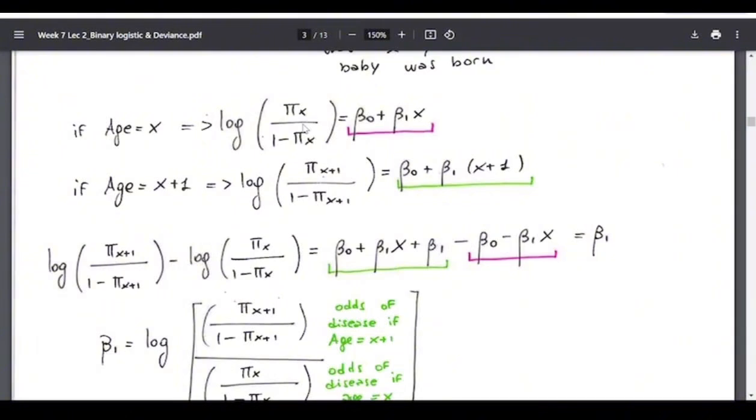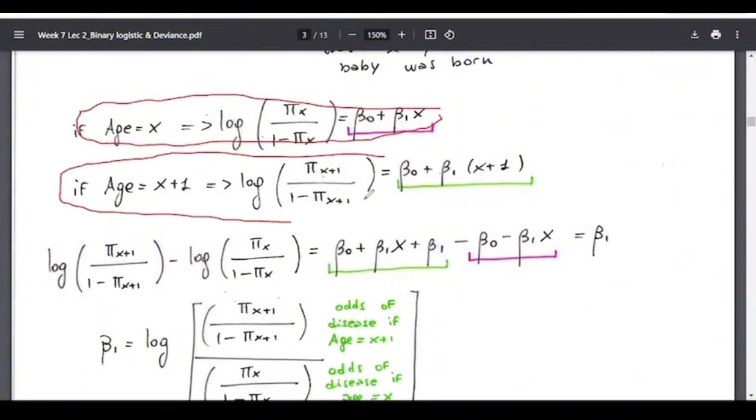When this one is focusing on age X, I'm going to consider another one that will be focusing on age X plus 1. If I have a unit increase in age. The other time that we did, the predictor was categorical, gender. But right now, the predictor is not categorical. The predictor is continuous, age.